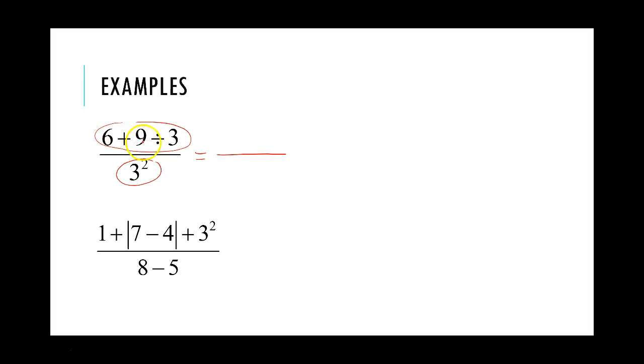So if I have 6 plus 9 divided by 3, again, order of operations tells me to do multiplication and division before addition or subtraction. So I have to do the 9 divided by 3 first, so that would be 6 plus 3.